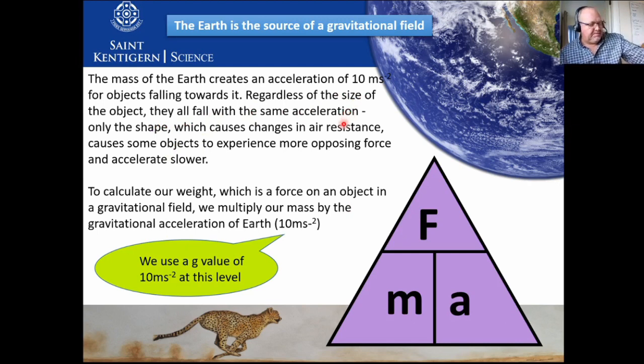There's a great video of a famous physicist who goes into a huge vacuum chamber, and they pump out all the air, and then they drop a bowling ball and a feather, and you can see what happened. It's really cool. Please watch it, and then you'll see that it's just because of the air resistance. If there's no air, things will be accelerated at the same rate. Okay, so just pause over here.